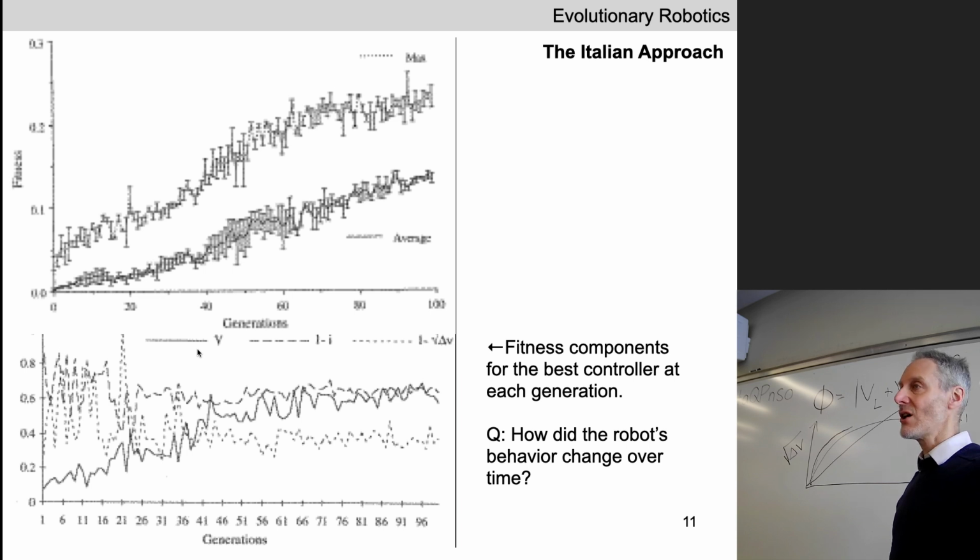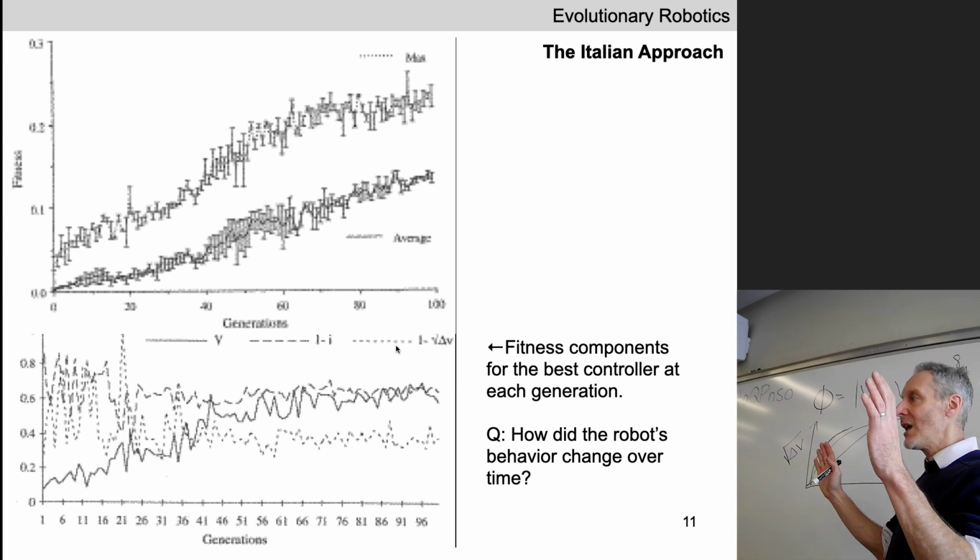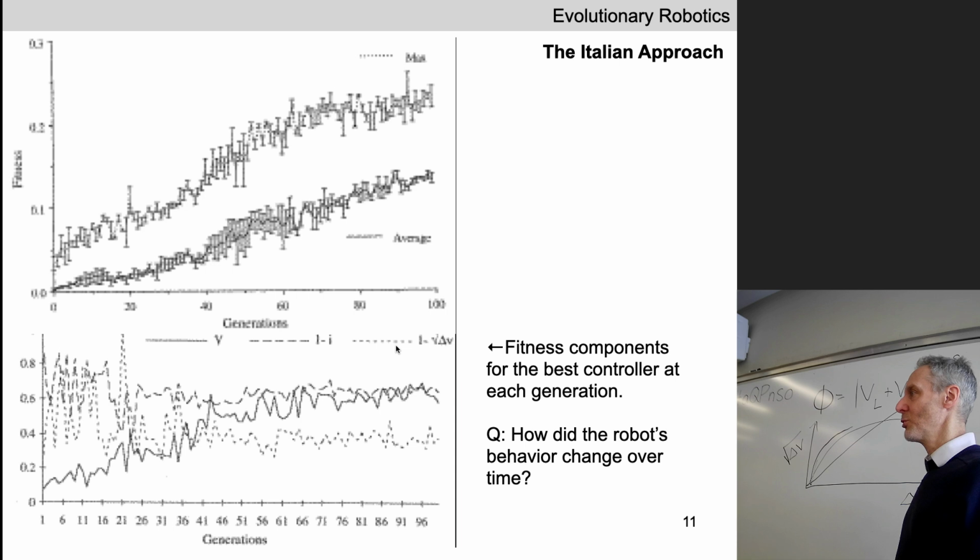Uppercase V, the solid line, is the total amount of rotational velocity of the wheels. The dotted line is trying to equalize the rotational velocity of the wheels, get the wheels to do the same thing as much as possible. And the dashed line is how close the robot is getting to the walls.